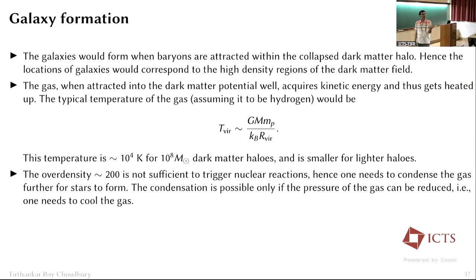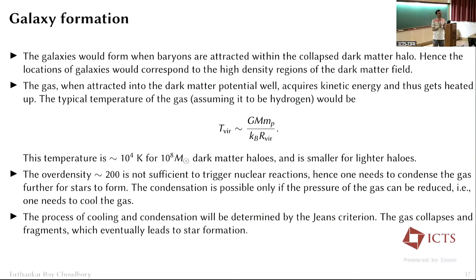So if you want the stars to form inside that halo, you need to condense that gas. If you want to condense that gas, you have to cool it. Okay, if you don't cool it, it will just remain at that temperature at that density. So there are halos which don't cool, and that's what happens. Okay, there is gas there, but they cannot form stars.